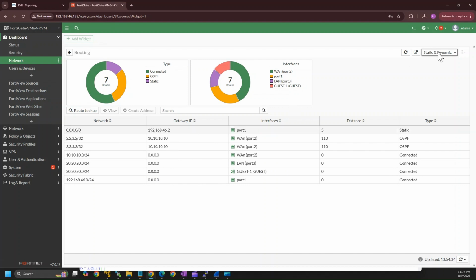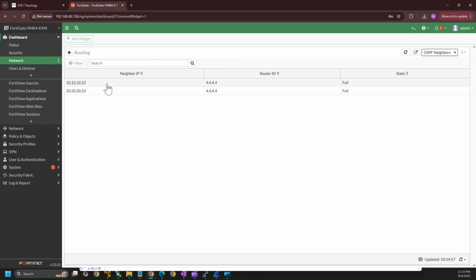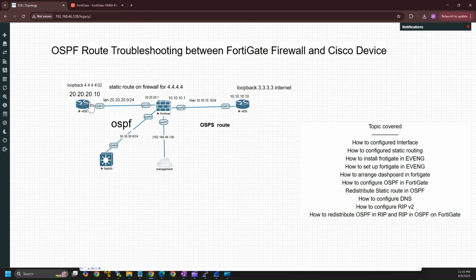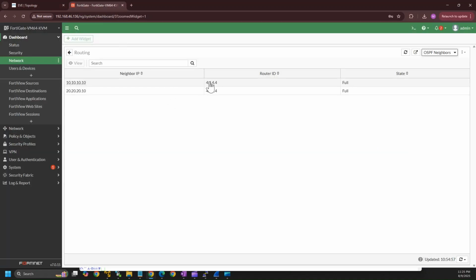We noticed one thing in that OSPF: both are having the same router ID. So both routers had neighborship with the two routers, but both are having the same neighbor ID.